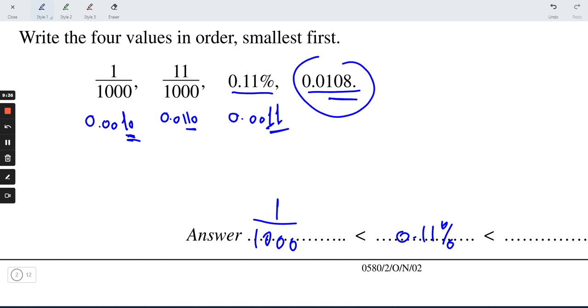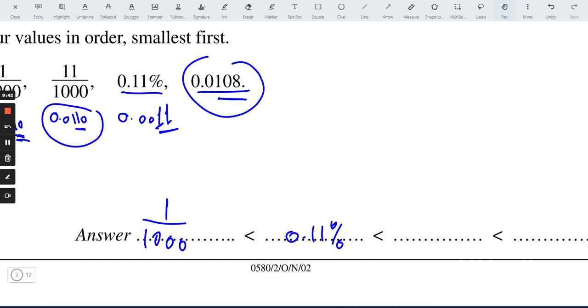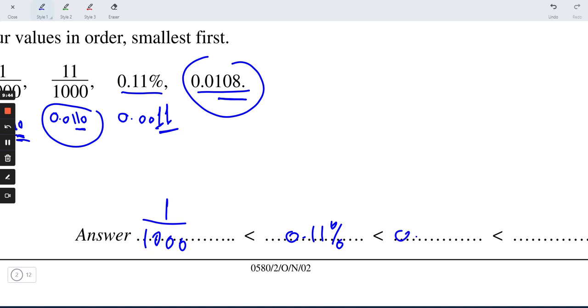This is smaller than this one here. So we write 0.0108, then the last number, which is 11 over 1000.